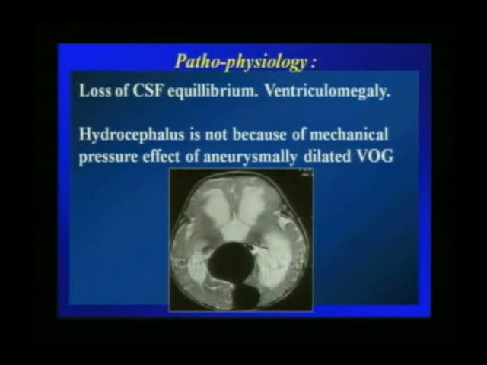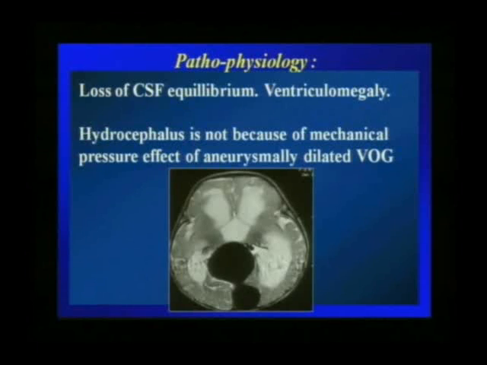Why does the vein of Galen or its precursor get aneurysmally dilated? It happens because there is a fistula which is commonly fed by either the marginal perforators or the choroidals, posterior choroidals more often than anterior choroidals. Because of this shunting of blood, the precursor of the vein of Galen gets dilated.